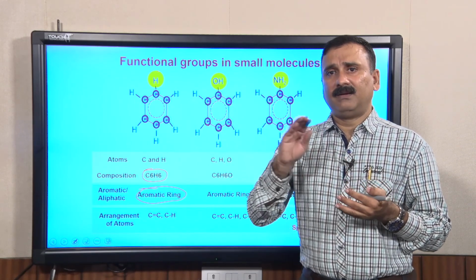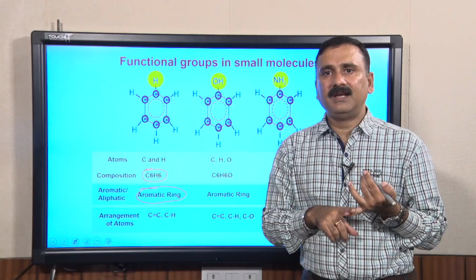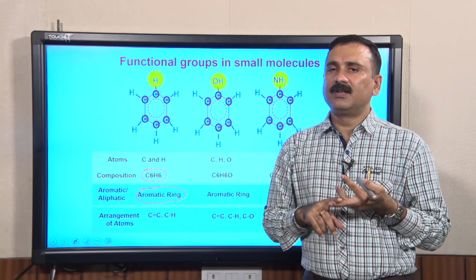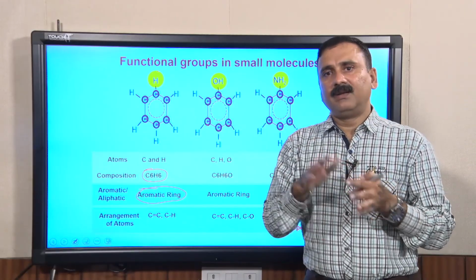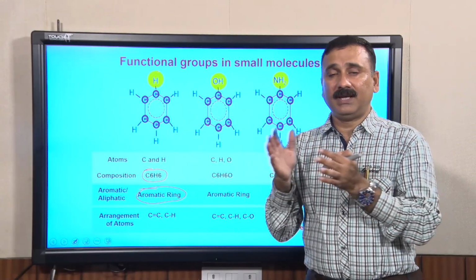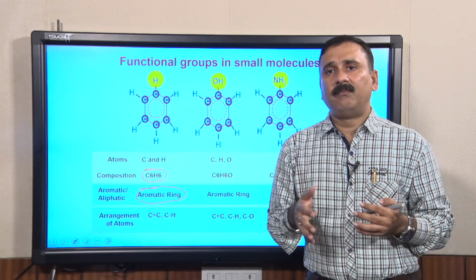So, by a combination of different techniques, whether it is the CHN analyzers, the UV-visible spectroscopy, the IR spectroscopy, or other techniques such as NMR or X-ray crystallography, you can characterize the compounds.